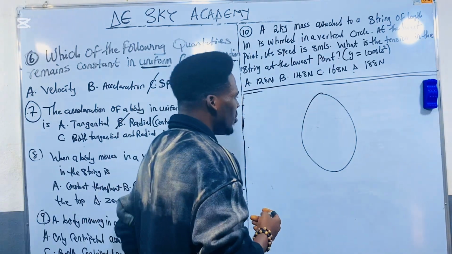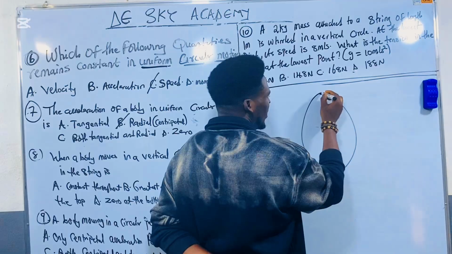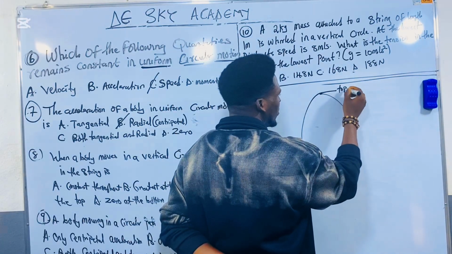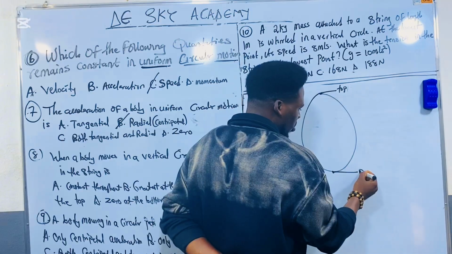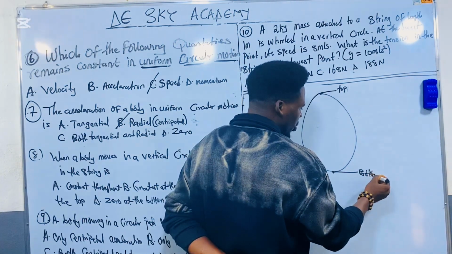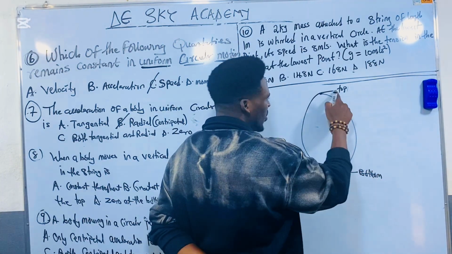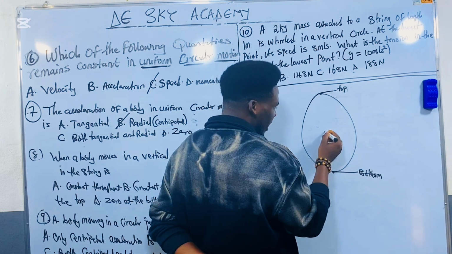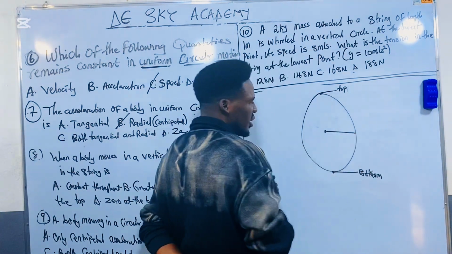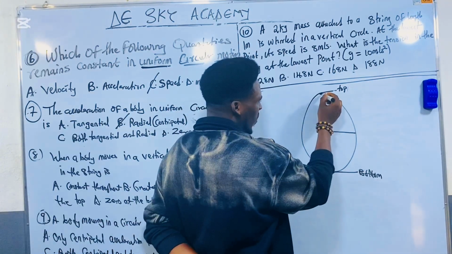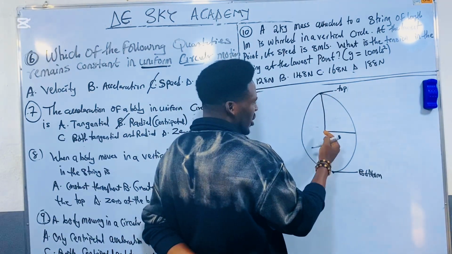So in vertical circular motion, here at this point is called the top. At this point, it's called the bottom. So we have the top, we have the bottom. Here now, it's called the center. So remember, I have a rope.